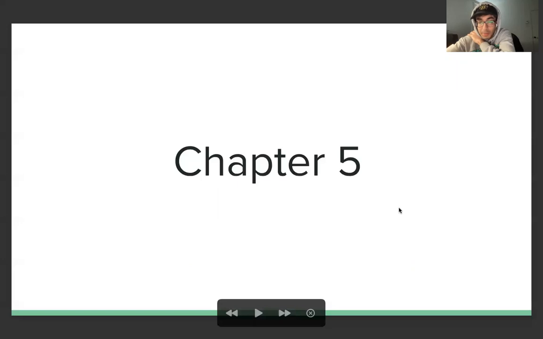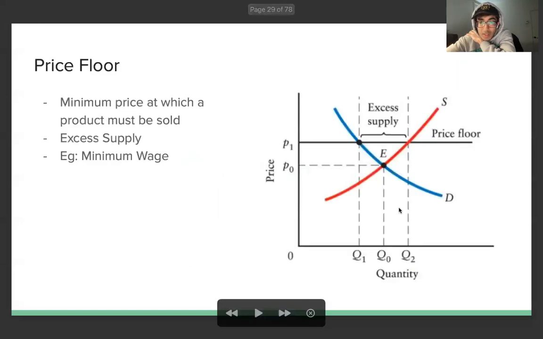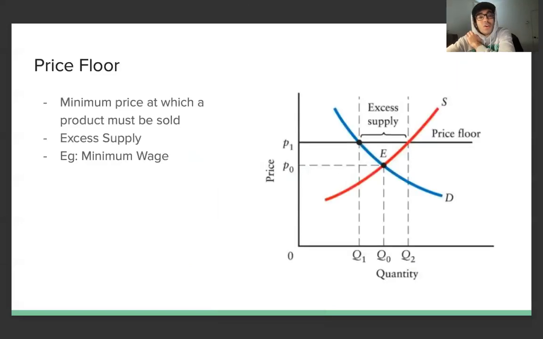Okay, let's move on to chapter 5. The concept of price floor and price ceiling is basically putting a threshold on price in the economy above or below which a good cannot be sold. For a price floor, even though it's above the equilibrium, it's a threshold below which the economy can't function.